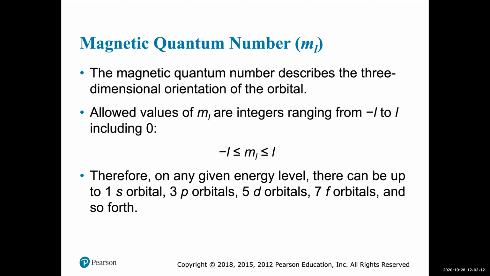The magnetic quantum number describes the three-dimensional orientation of the orbital. Allowed values of m sub l range from minus l to l and include 0. What that means is when you look at the energy levels, you have 1 s orbital, 3 p orbitals, 5 d orbitals, 7 f orbitals, and on down the line.